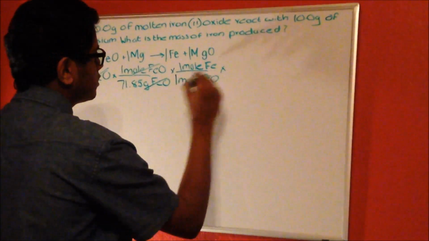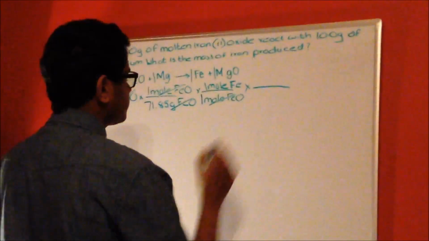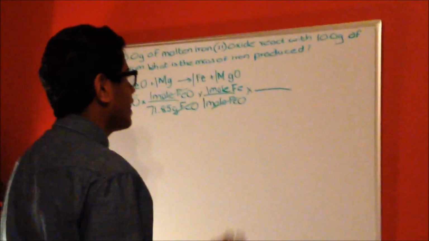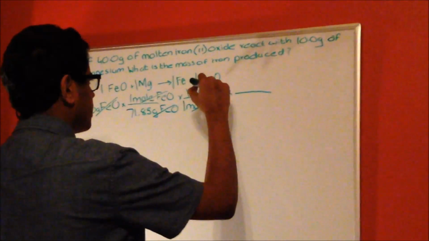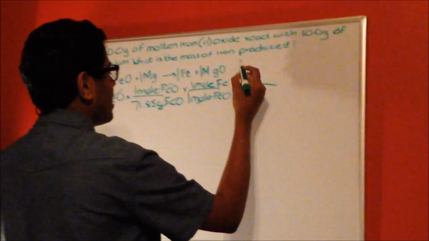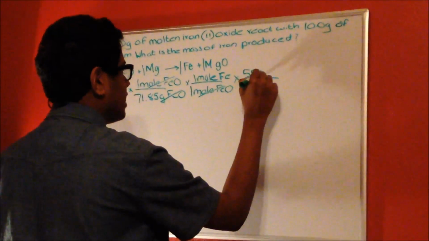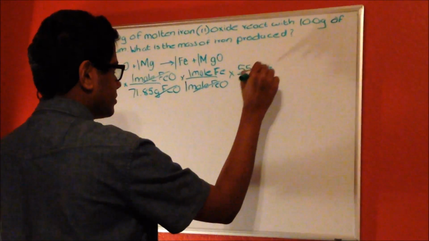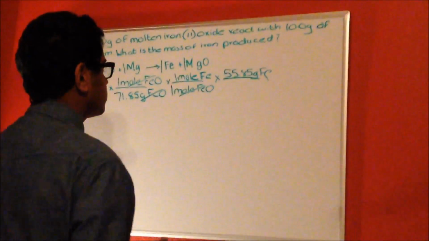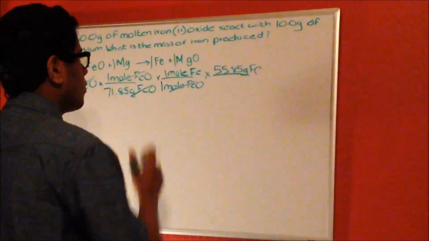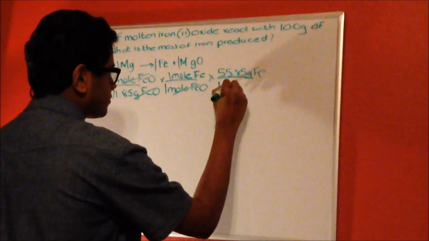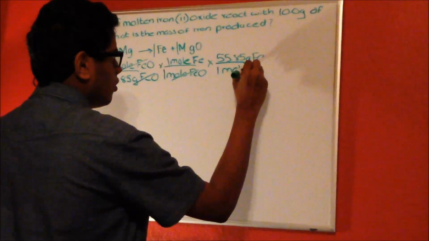Since we're trying to find iron, we now go to the mass of iron, which is 55.85 grams of iron. To cancel the mole of Fe out, we write 1 mole of Fe.